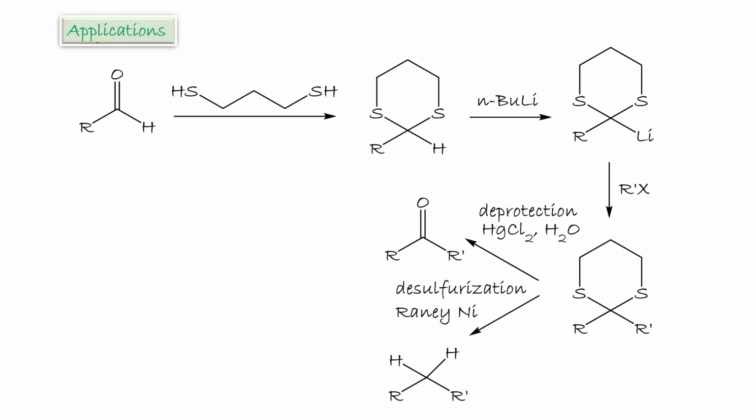To shed light on the application of this chemistry, let's take this example. When we react aldehyde with 1,3-dithiol, we get this compound. The hydrogen here can react with n-butyllithium to form the organolithium.